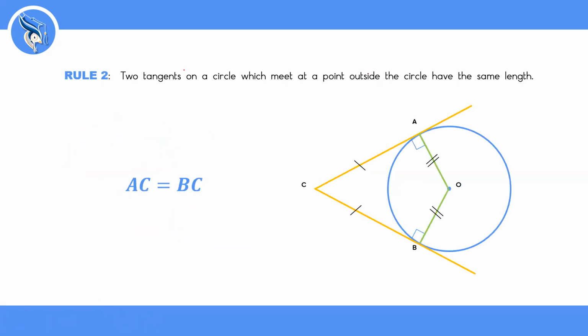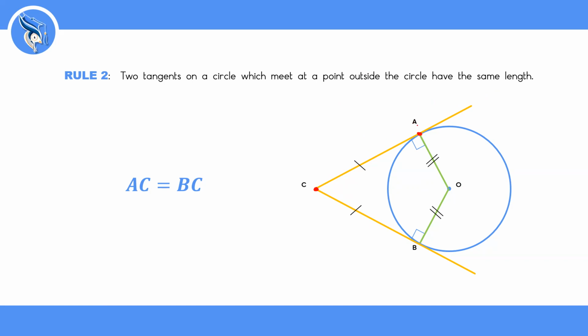The second rule here says that 2 tangents on a circle, which meet at a point outside the circle, have the same length. So that means that if you're supposed to move from point A to point C, remember a tangent is a line outside the circle, right? That falls at some point on the circumference.